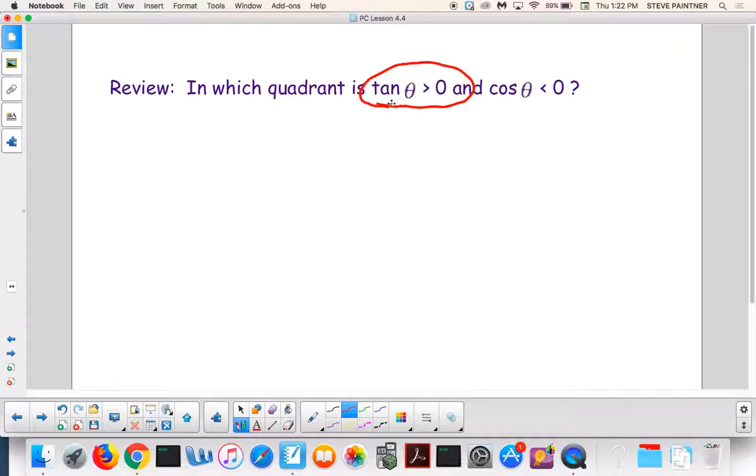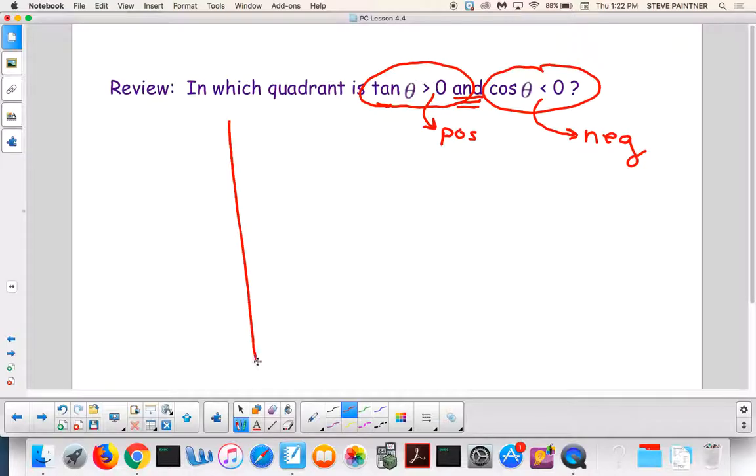Okay, see this? See this? And the word is damn. So it's where tangent happens to be greater than 0. Greater than 0 just means what? Positive. What does less than 0 mean? Negative. Okay. Guys, we talked about this yesterday, didn't we?